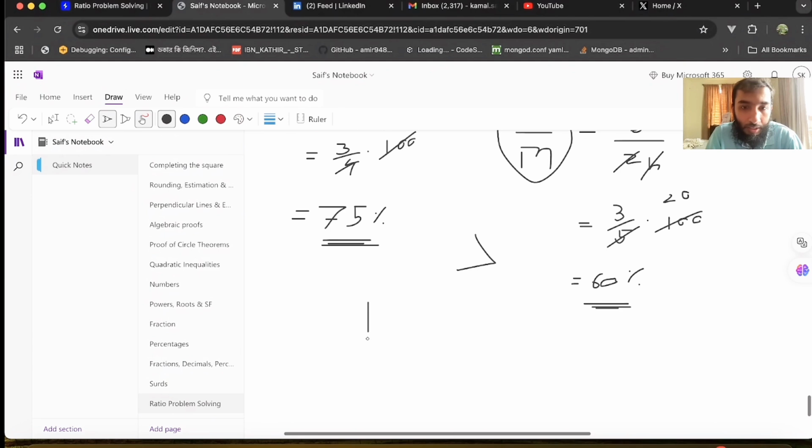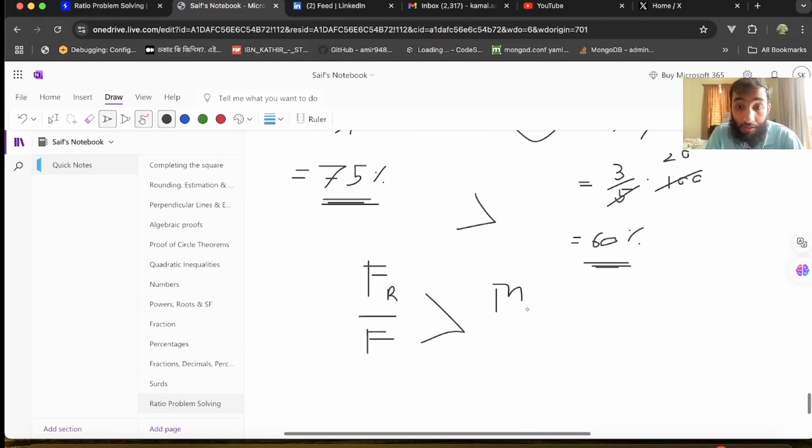So FR, the right-handed females compared to the female population, is greater than the right-handed males by the male population. So this was what was required.